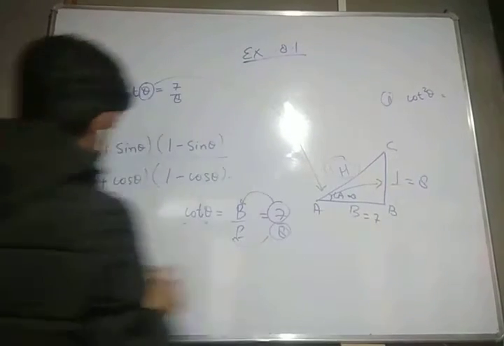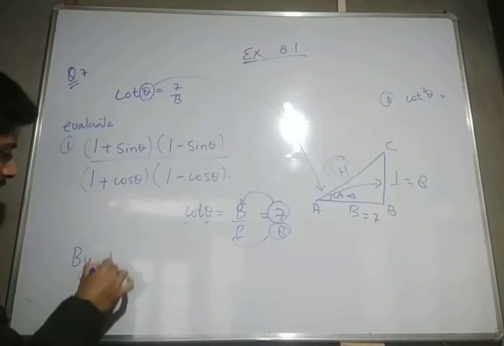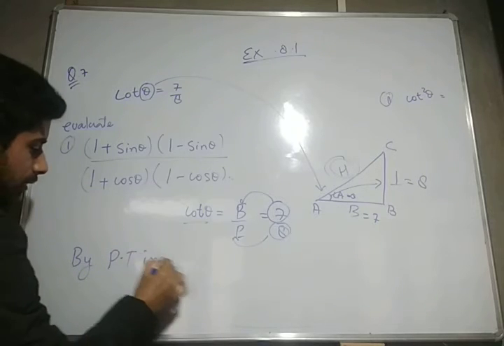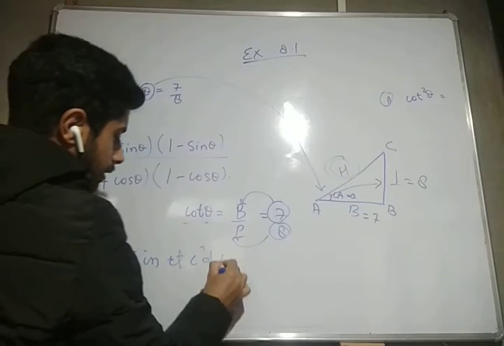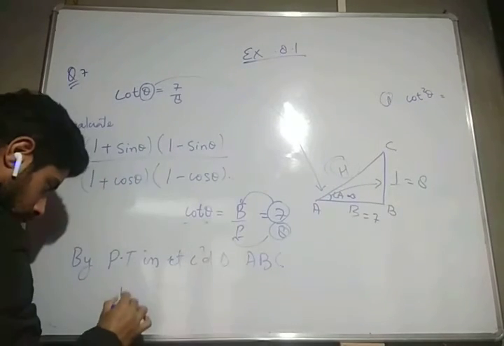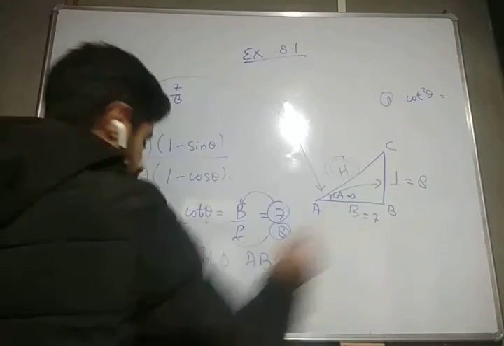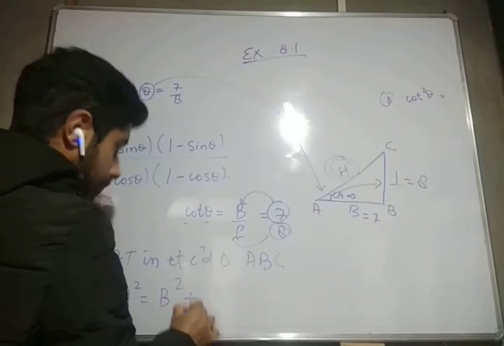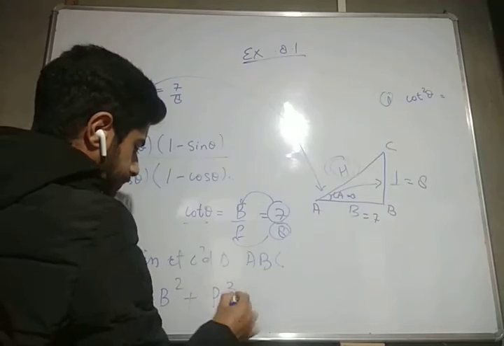First calculate the hypotenuse. So by PT in right angled triangle ABC, hypotenuse square is equal to base square plus perpendicular square.